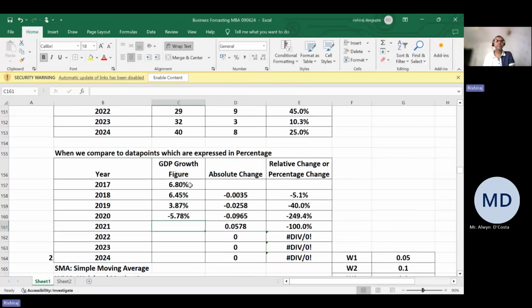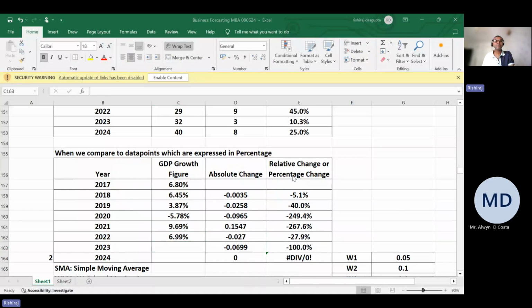And then 9.69% and 6.99%. This is Government of India data.